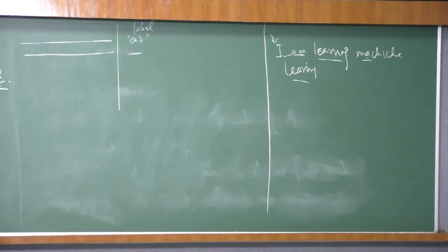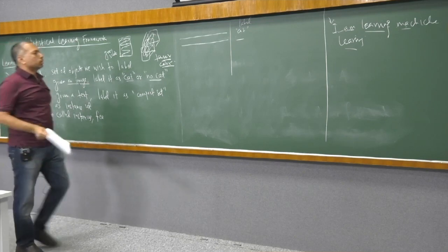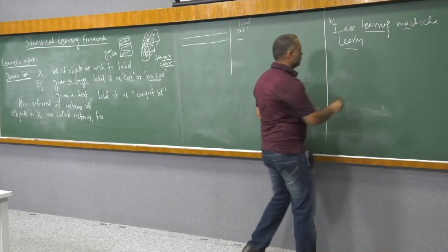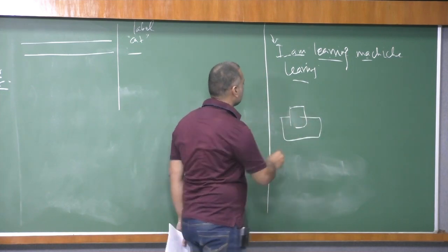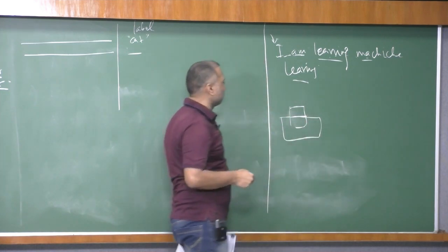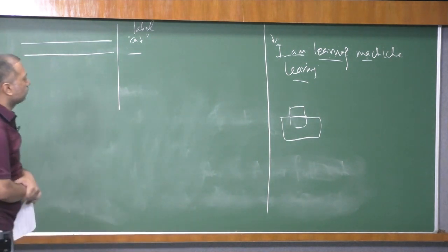So the learner's data could be a set of images, could be a set of text. It could be anything arbitrary, right? Say I want to predict the housing prices. Houses sometimes come with gardens, sometimes they have 2 floors, sometimes 3 floors, and there is the size of the houses.